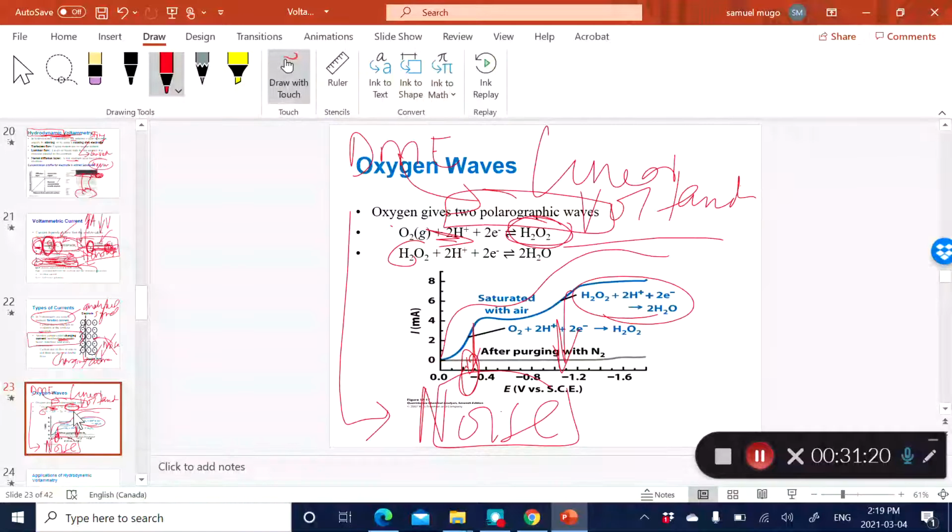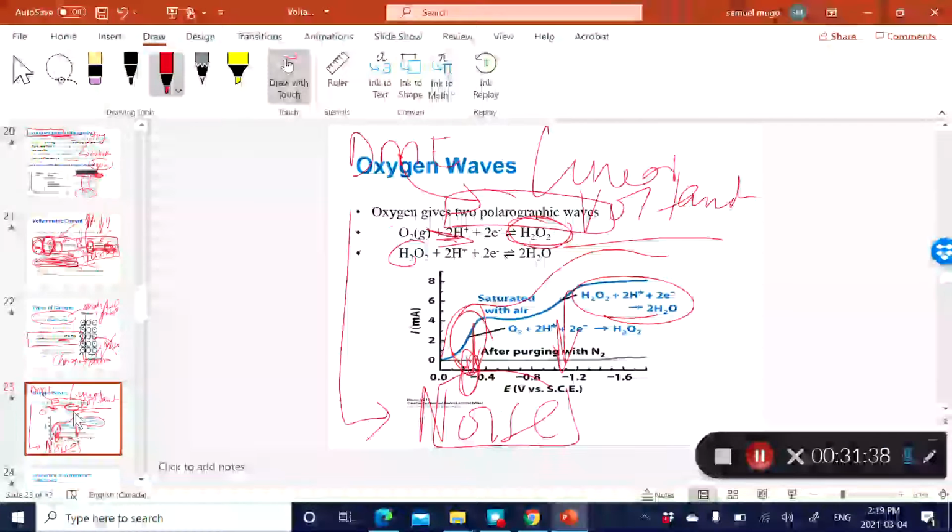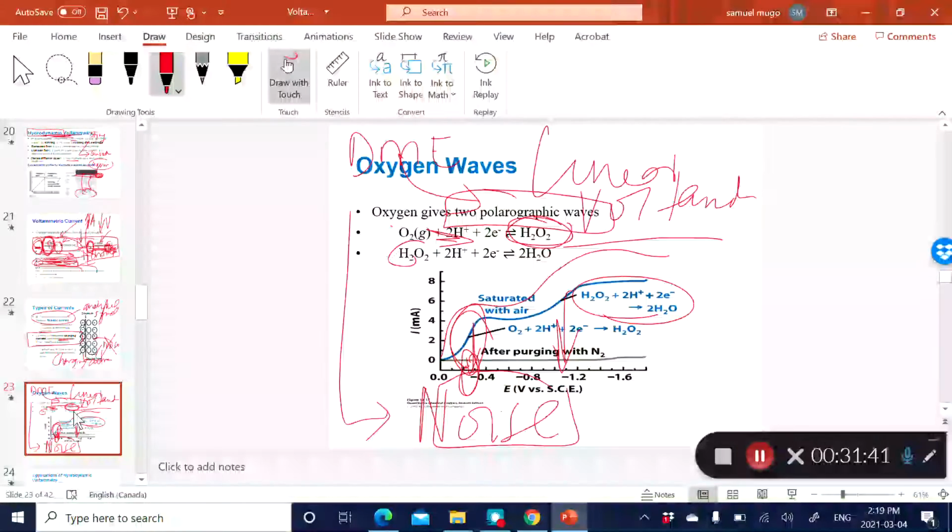And so you're going to see the oxygen waves, and if you're not interested in that at all, they actually interfere with your detection in voltammetry, because oxygen is an electroactive species with two redox steps, from oxygen being converted to peroxide, and peroxide again being reduced into water. And so there can be noise if you've got oxygen that's dissolved in your samples.